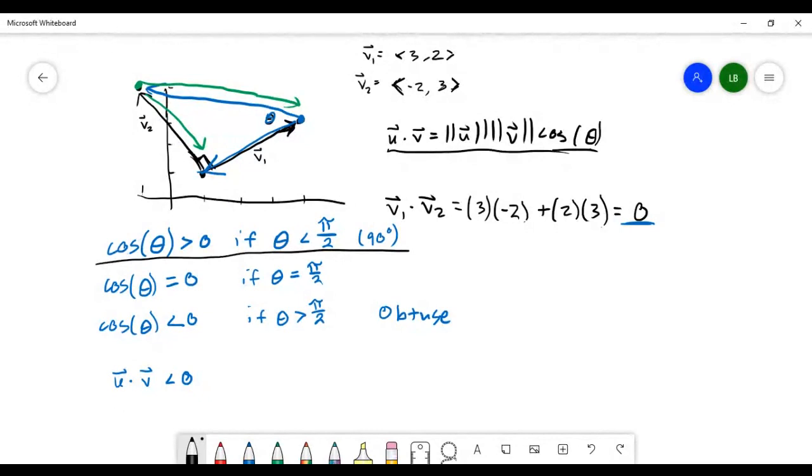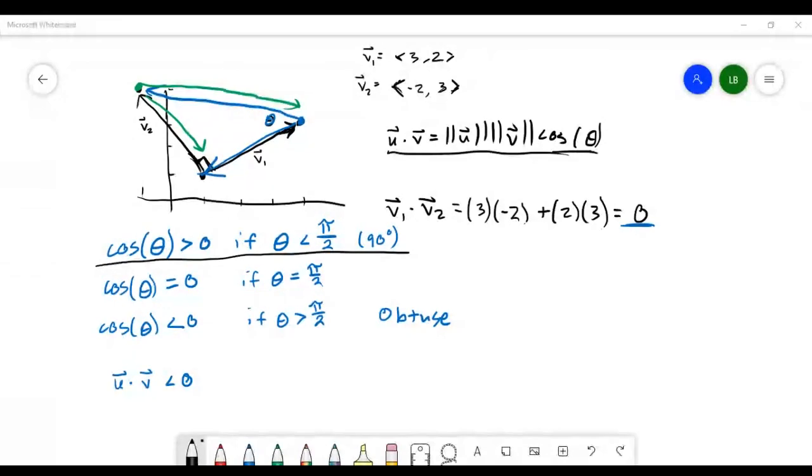This way, you can just check the signs. If the dot product is less than 0, then you know it's an obtuse triangle. If it's equal to 0, you know it's a right triangle. So it's just a bit faster than actually finding the exact angles in those cases. Any questions?